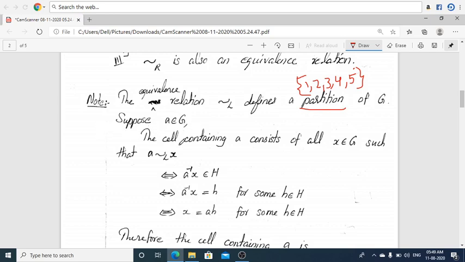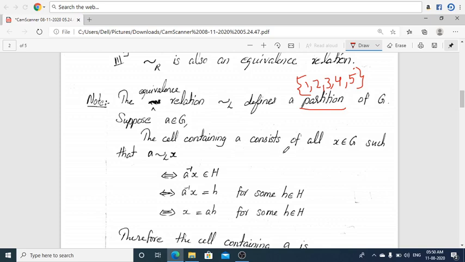Suppose a is an element of G. The cells of the partition correspond to the equivalence relation ~L; each equivalence relation defines a partition with its cells.